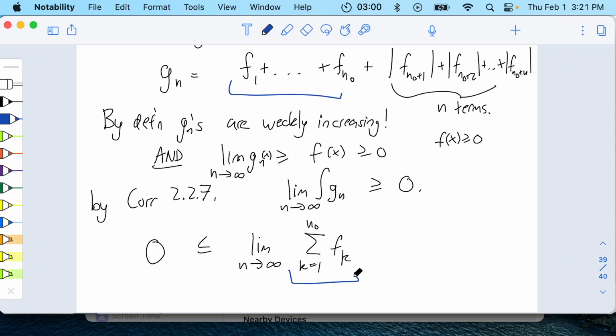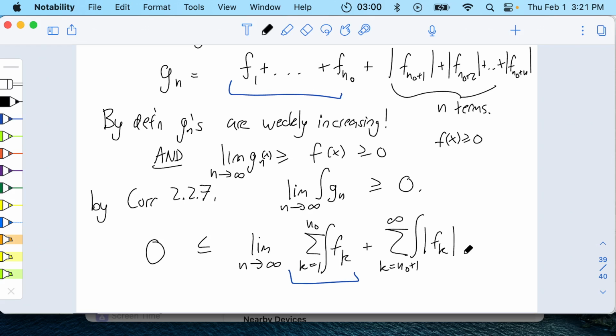And then there's the part where you sum starting at n_0, so k equals n_0 plus 1 to n of the absolute value of f_k. And there's integral signs everywhere. I want the integrals of the g. So the integral of this is an integral of finitely many terms. You can move the integral sign inside. And this one is an integral like this.